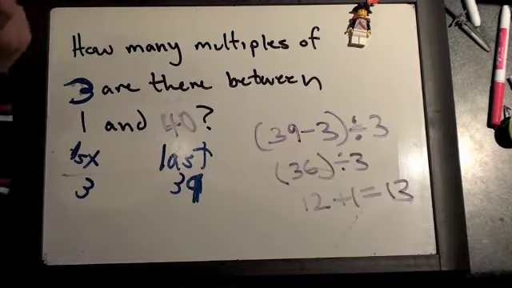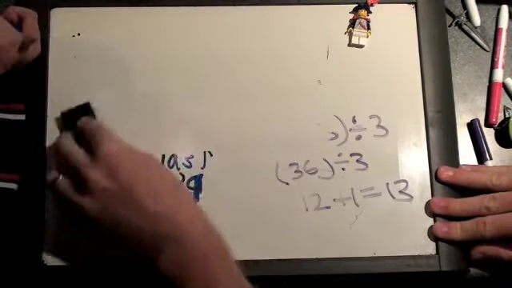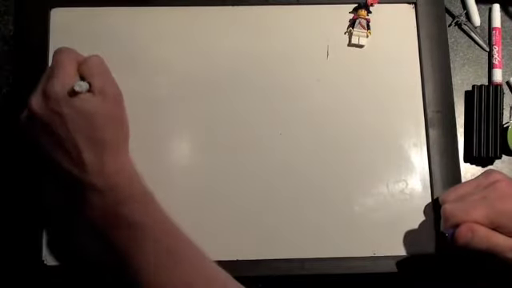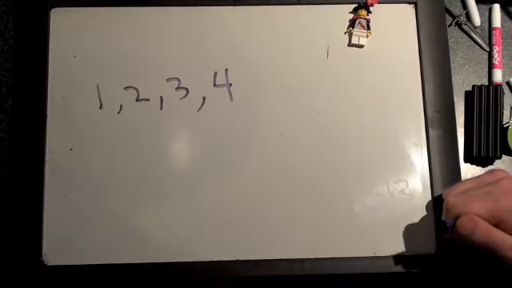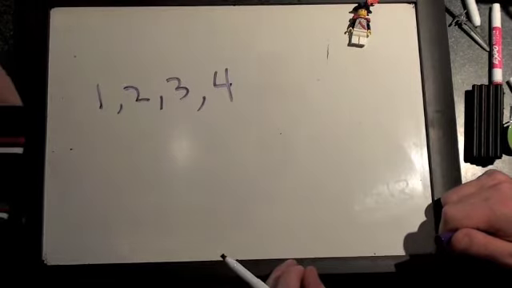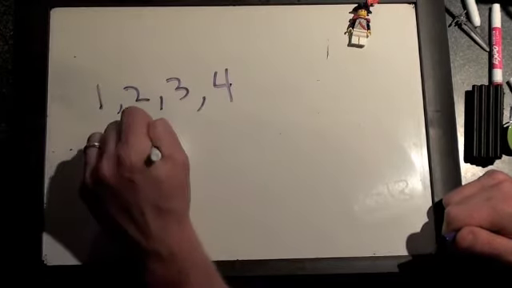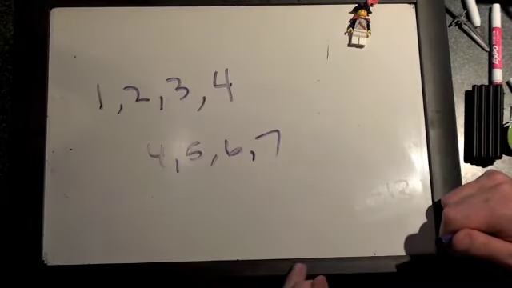Let me do a quick explanation of why we have to do the plus 1. Say you're counting, and I just write 1, 2, 3, 4. And I ask you, how many numbers are there? 4. Right, there are 4 numbers. What if I do 4, 5, 6, 7? How many numbers are there? 4.